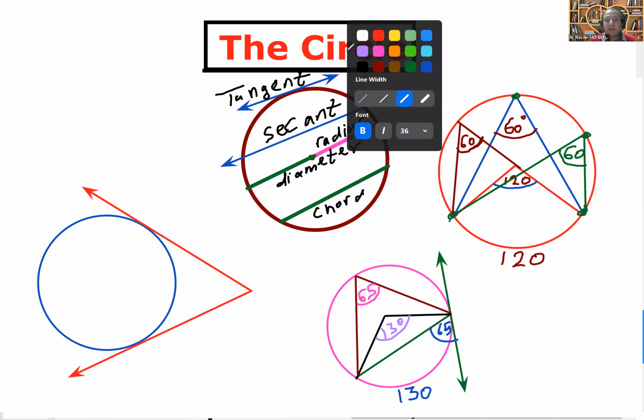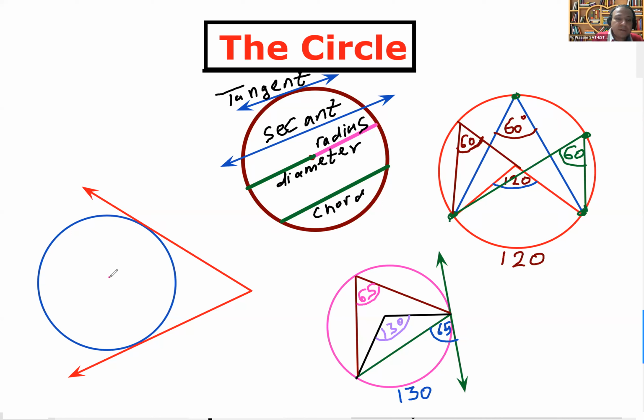To prove it, we're going to join like this. Then we are going to make a congruency between this triangle and that triangle. Can we make a congruency?